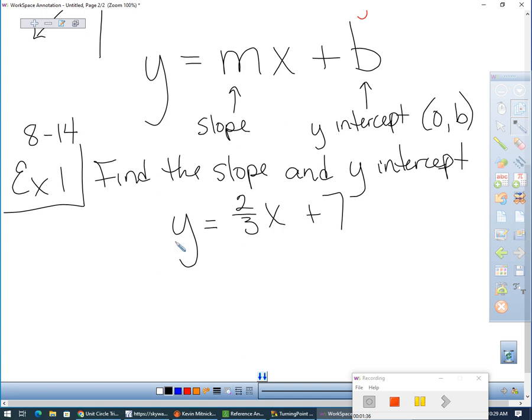First thing I need is the slope. Remember, your slope is the m. So m equals what? 2/3. Perfect. The next thing we need is the y-intercept, which is the point 0 and whatever our b value is here, which is 7.